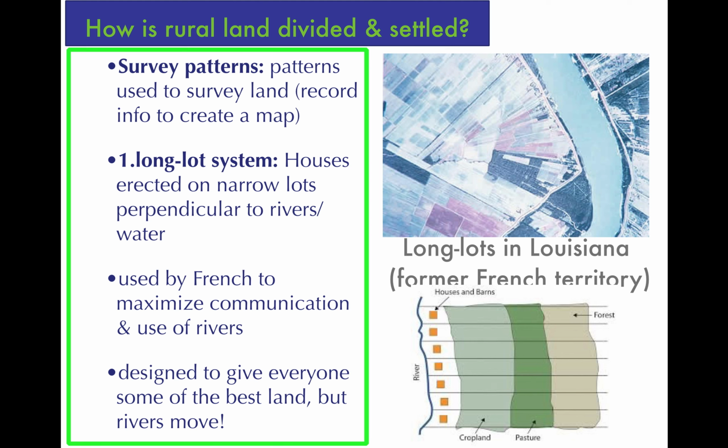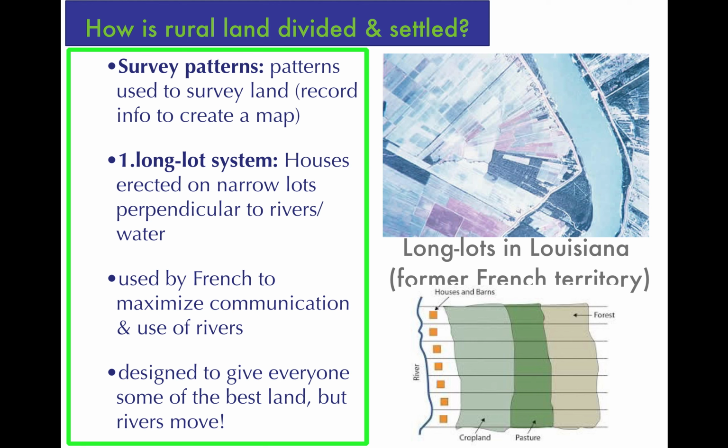So, a couple terms to get down right off the bat here. First is survey patterns. The term survey patterns means the patterns used to survey land. You may have seen people surveying land before, usually with cameras set up, wearing construction uniforms.